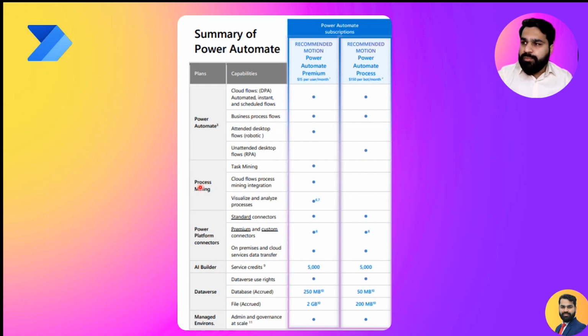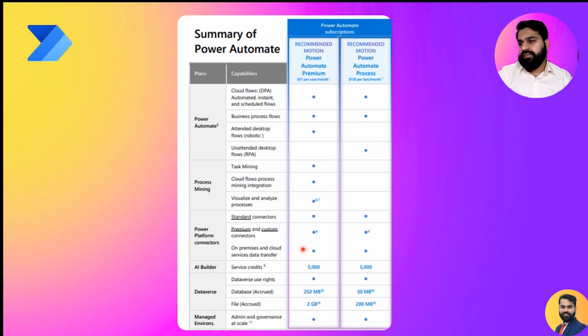Okay. Process mining, users will be able to do these process mining activities as well. From the standard and premium connector access perspective, users will be able to access standard connectors, premium and custom connectors, and on-premises and cloud service data transfer also.